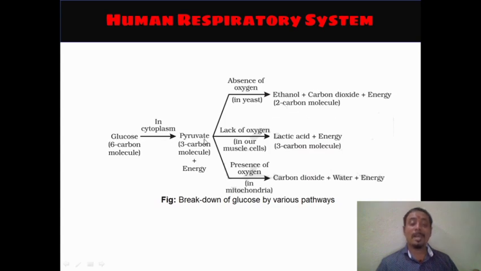When this pyruvate is in lack of oxygen inside the human body due to sudden activity, it is converted into lactic acid plus energy. Lactic acid is a 3-carbon molecule. When this same pyruvate is in the presence of oxygen inside the mitochondria, it goes into the TCA cycle, the tricarboxylic acid cycle, and forms carbon dioxide plus water plus energy.